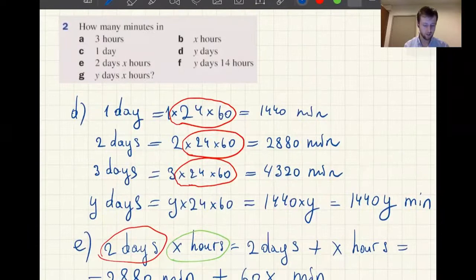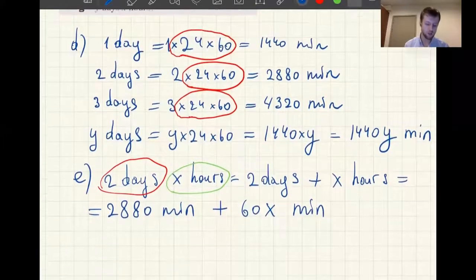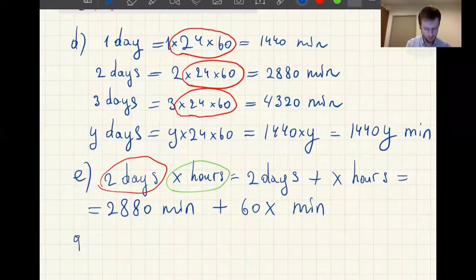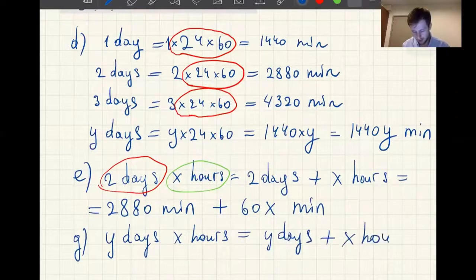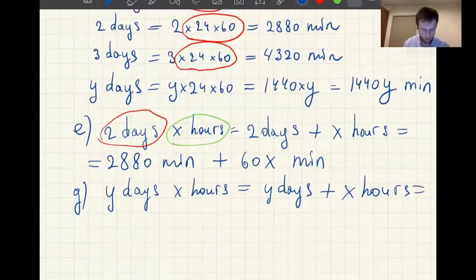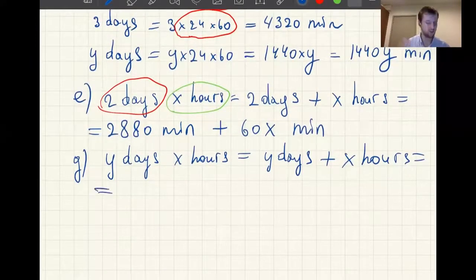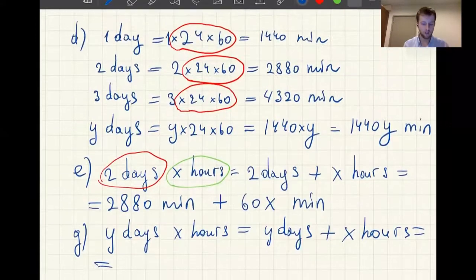Y days, x hours. Okay, let's go to G. It's kind of complicated. Actually, it's not complicated at all because we already have it. Y days, x hours is the same as y days plus x hours, and we have both answers already here in the exercise.